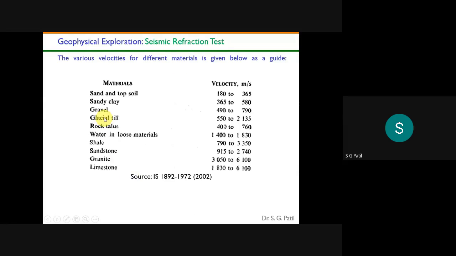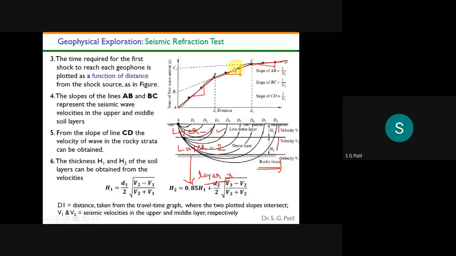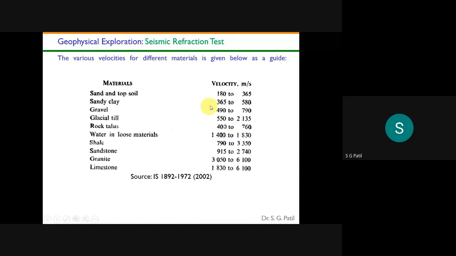Each soil layer will have a different velocity. Suppose from this slope you are getting a velocity somewhere around 180 to 365 meters per second, then the first layer may be a sandy type of soil.